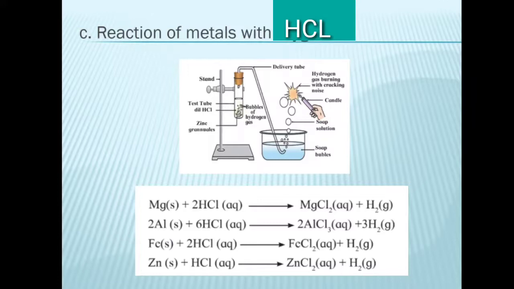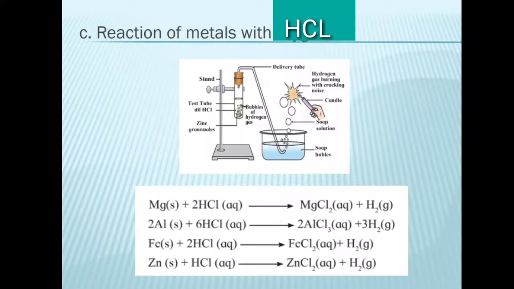Look at the reactions over there, my dear children. Magnesium, when reacted with hydrochloric acid, gives magnesium chloride and hydrogen gas is liberated. Aluminium, when reacted with hydrochloric acid, gives aluminium chloride plus hydrogen gas liberation. Iron, when reacted with hydrochloric acid, gives iron chloride plus hydrogen.